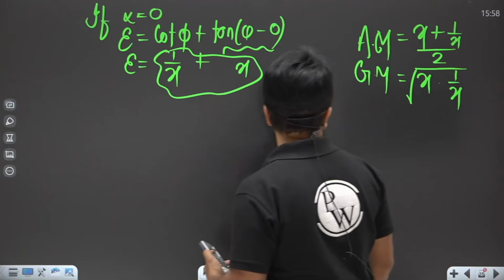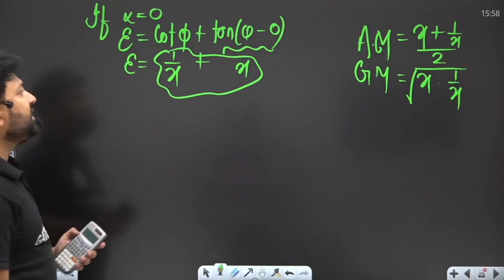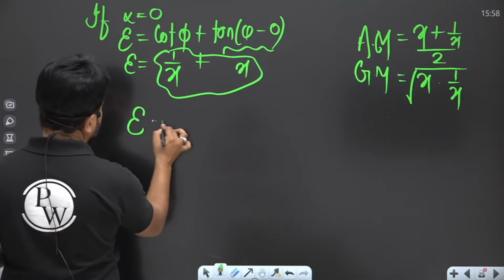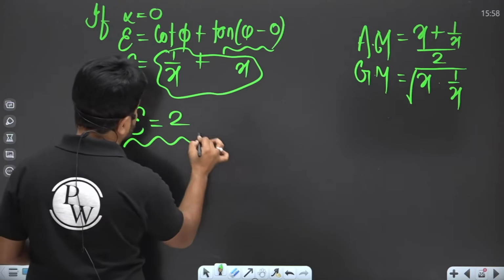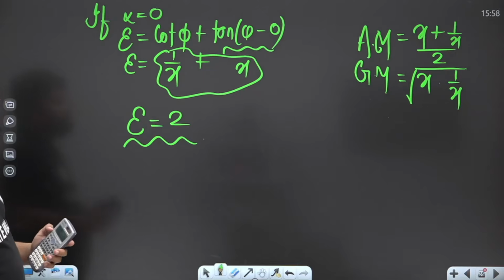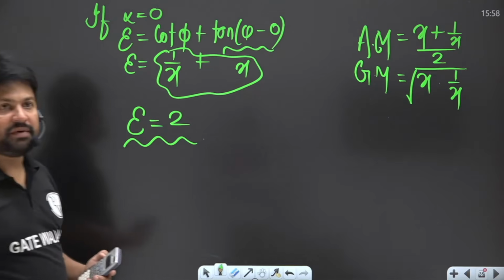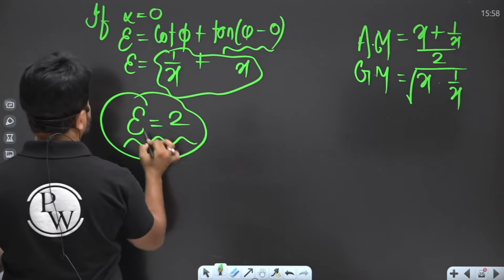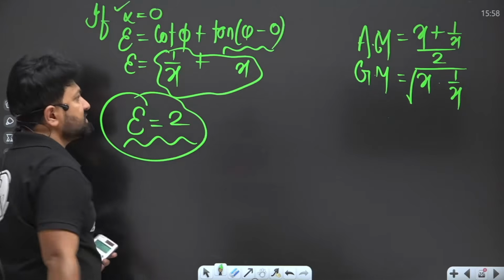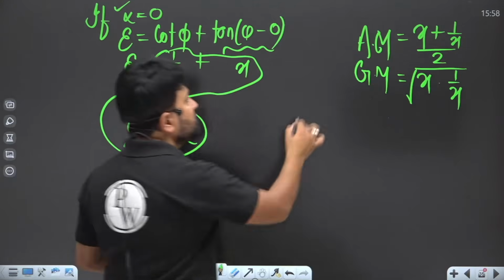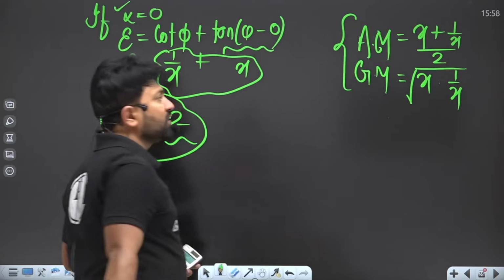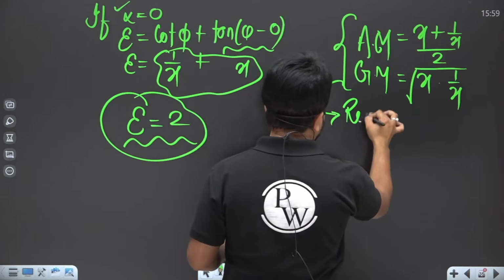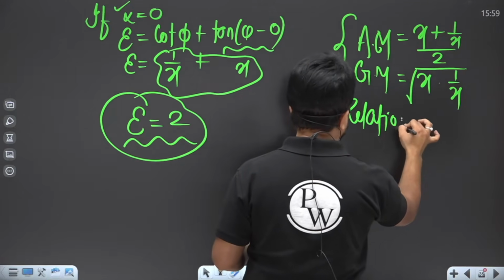This gives a relation, and the minimum value of the cutting shear strain will be 2. So always remember, the minimum value of the cutting shear strain is 2 when alpha equals 0. I used the arithmetic mean and geometric mean relation.